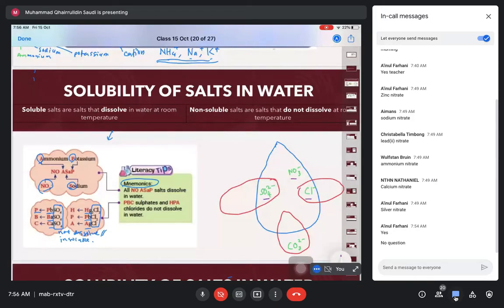Cumanya 3 dekat dalam, carbonate di luar. And then you remember PCB, taklah PCB, pantai cahaya bulan, or called as PCB, and cepah.